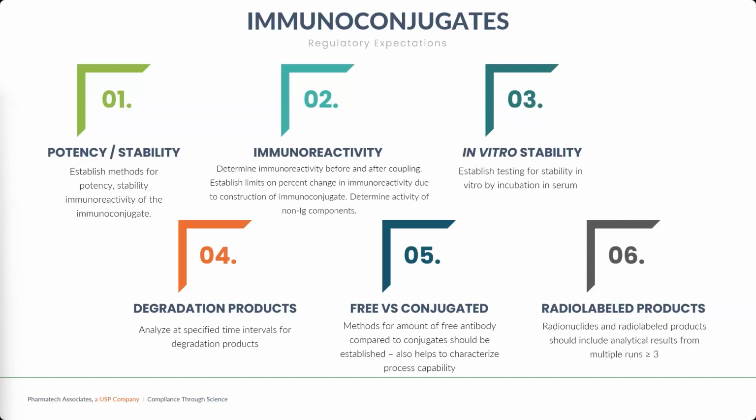Remember, during the process, you're linking the conjugate to the antibody. And so, as understanding any chemical principle would tell you, you're not going to get 100% conjugation. Identifying that and correlating that to its potential function and its potency actually is a critical aspect to qualifying and quantifying immunoconjugate products.